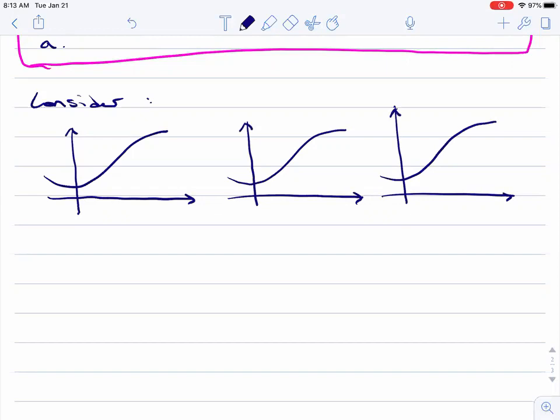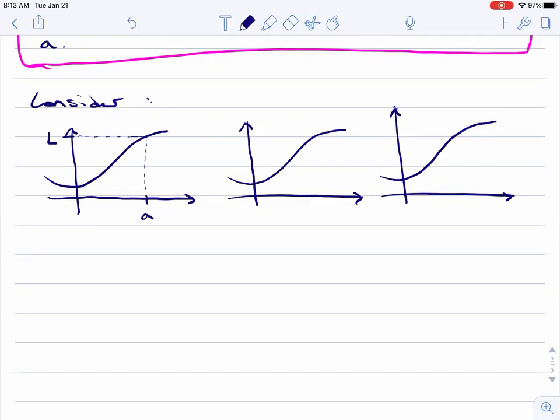Then if we've got some a here, then at this point, we're saying that this point must be L, right? As x approaches a on either side, then the output is going to be some value L, and that's our limit.